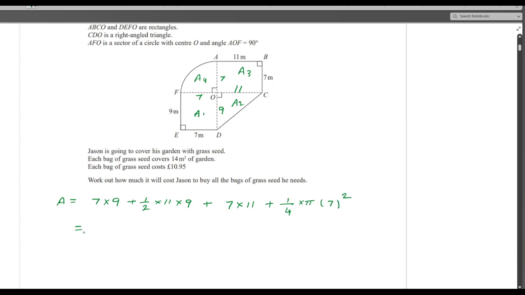Let us use the calculator. It is 7 times 9 plus 11 times 9 divided by 2 plus 7 times 11 plus 1 divided by 4 times pi times 7 square. The total area we get is 227.98.